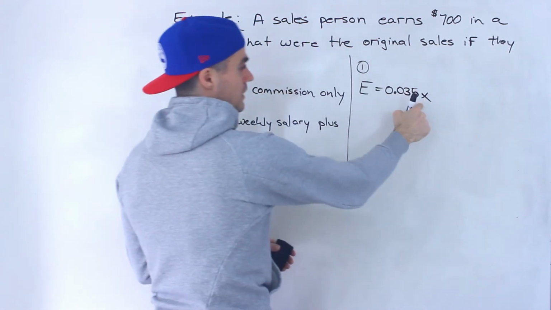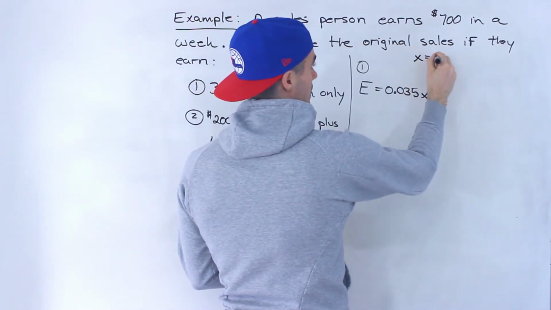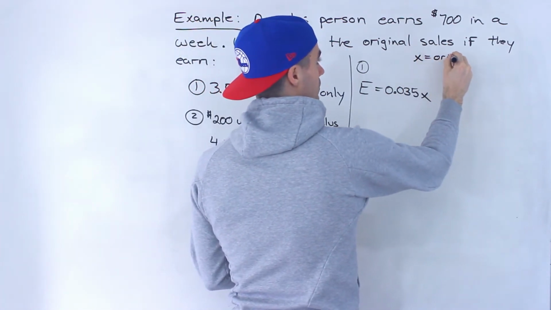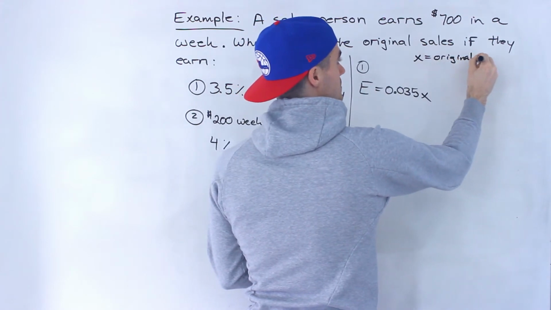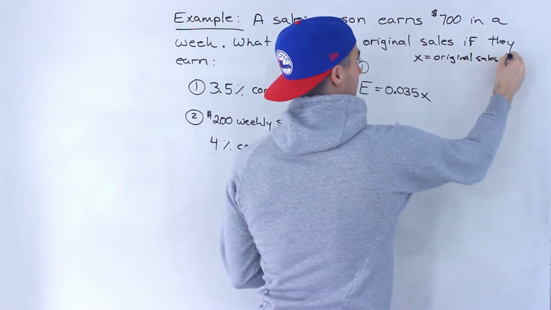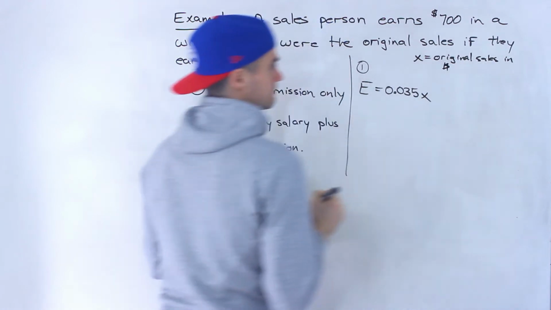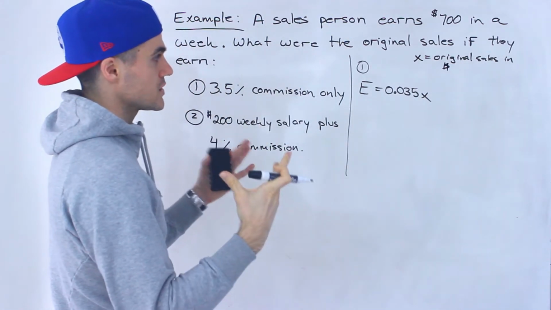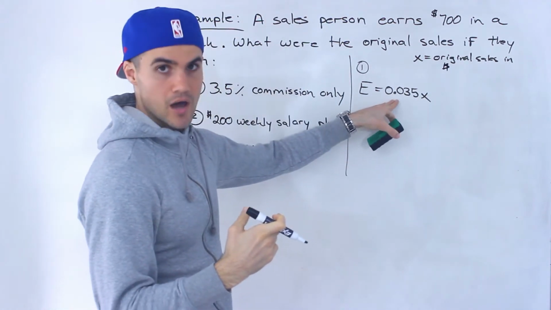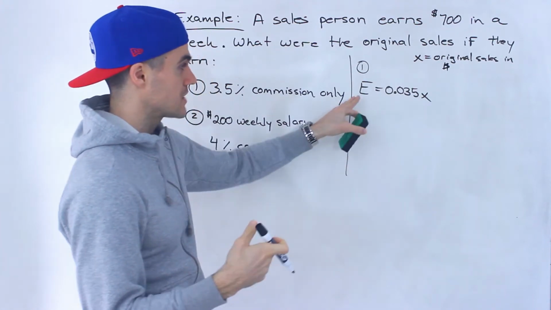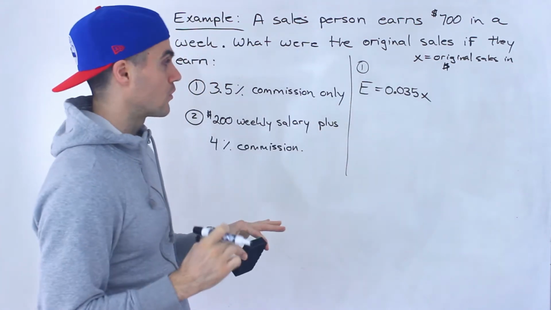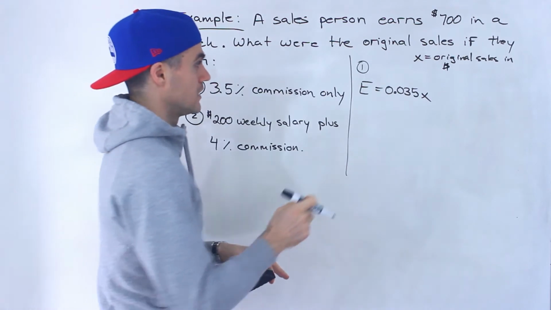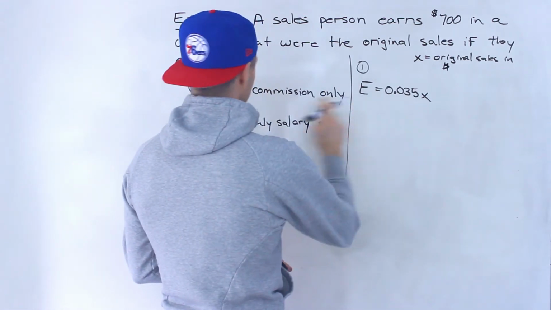And let's call the sales X. So X would be the original sales in dollars. However much they sold, you'd multiply that by 0.035 or 3.5% to get the earnings for the week for this salesperson. So that would be the function for number one.